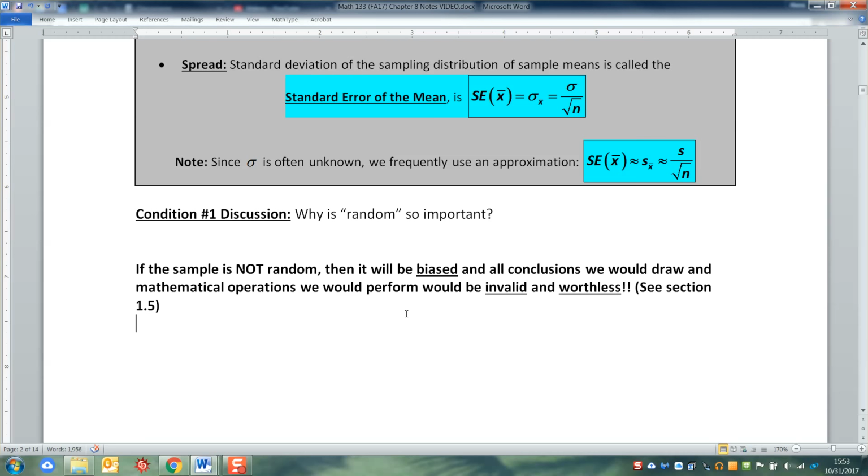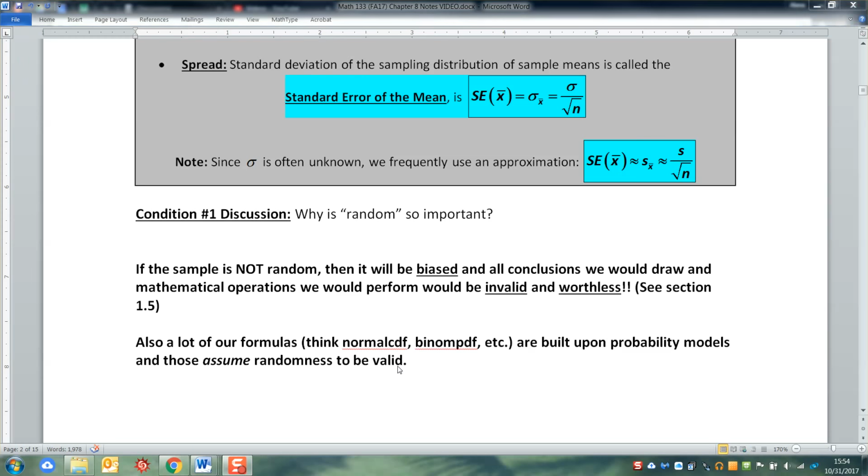We really can't do anything in probability and statistics if we don't have randomness, because if you don't have randomness, you have bias, and if you have bias, then everything would be invalid. Another thing to note is that a lot of our formulas are built upon probability ideas, and probability assumes randomness, right?